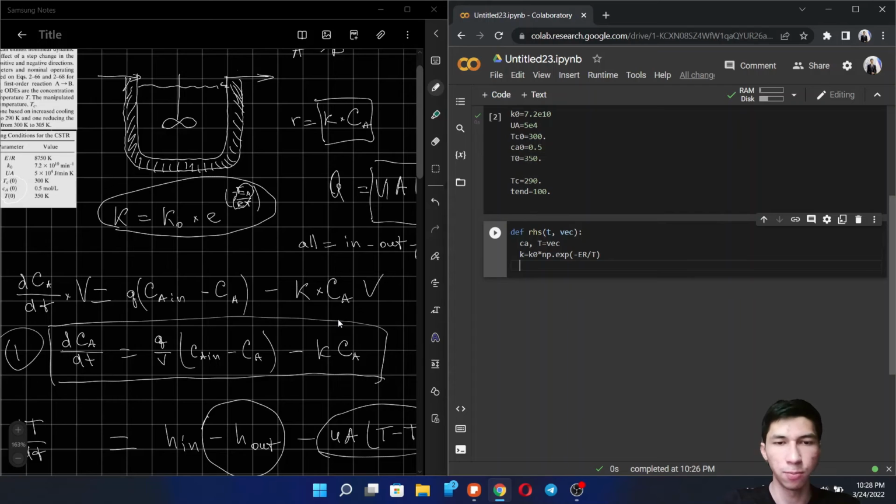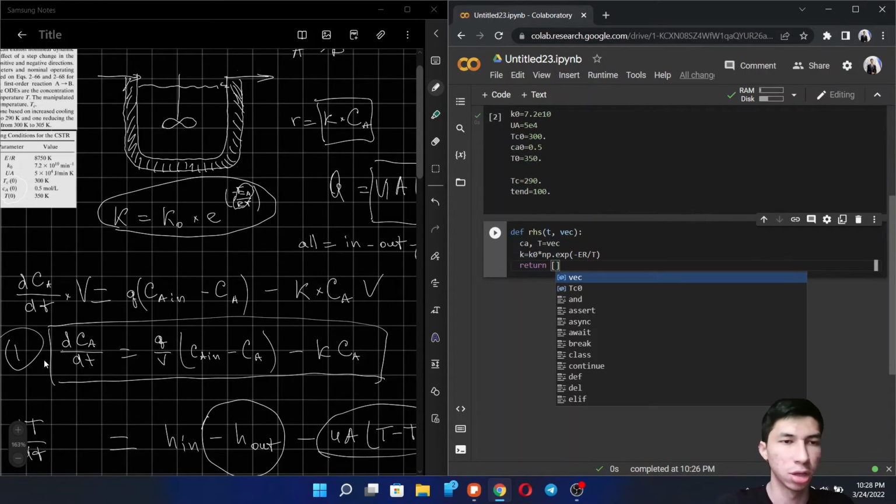Now we can return the differential equations, and we just have to make sure that we have them as an array, so we're going to use square brackets. Let's write everything here.